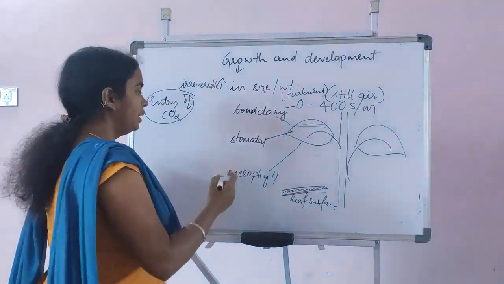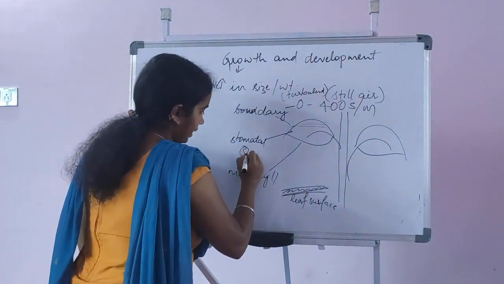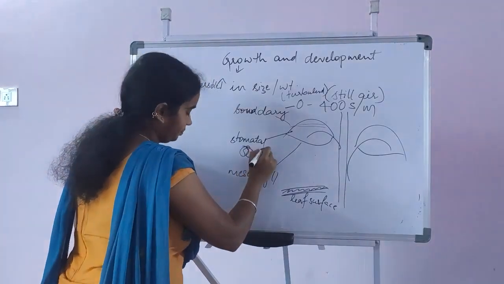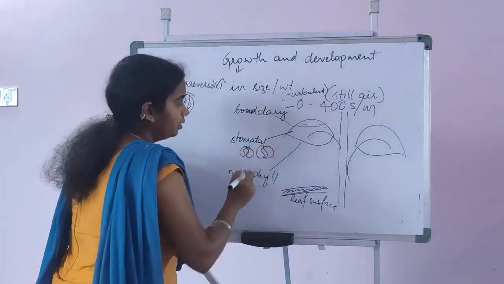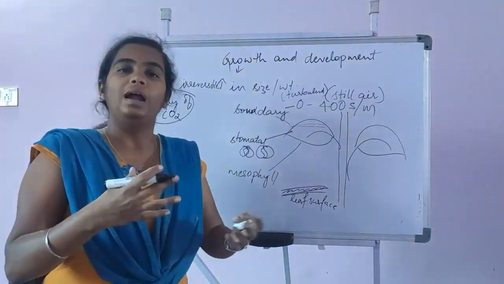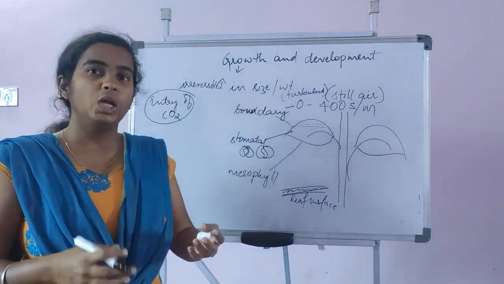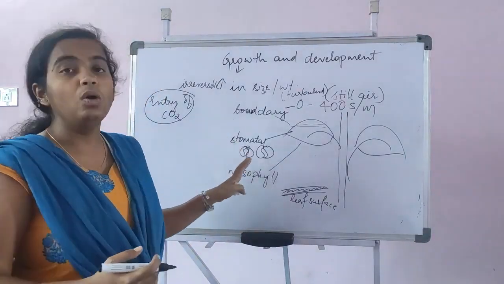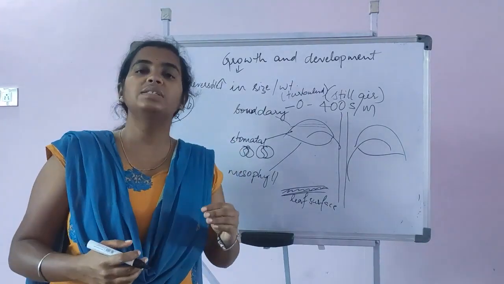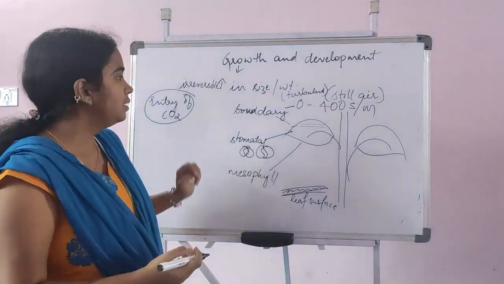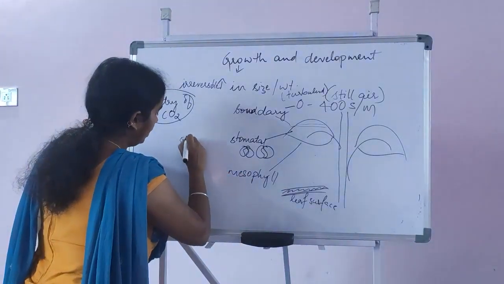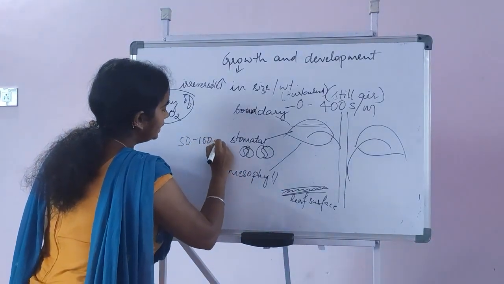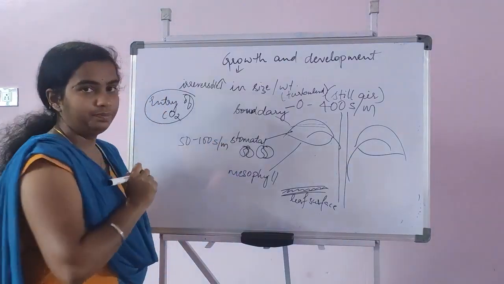We know that stomata are kidney shaped. So these will be closing and opening, and it is useful for the exchange of carbon dioxide and also for the transpiration of water. So these stomata will also offer some resistance, and this magnitude varies between 50 to 100 seconds per meter.